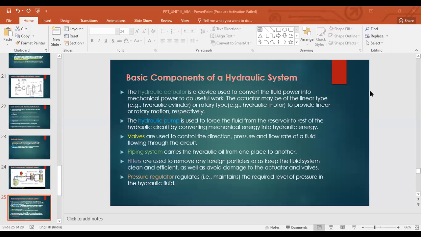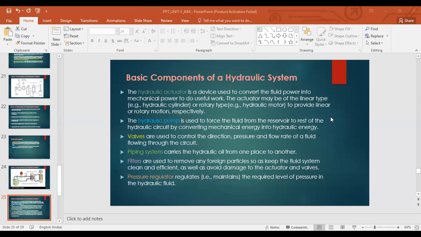How do they perform? With the help of hydraulic systems only, right? That cylinder will have the fluid inside, and the movement of the fluid will make that cylinder protrude out and go in. So that's the example of a linear type. There are even rotary types also, to provide linear or rotary motions respectively.